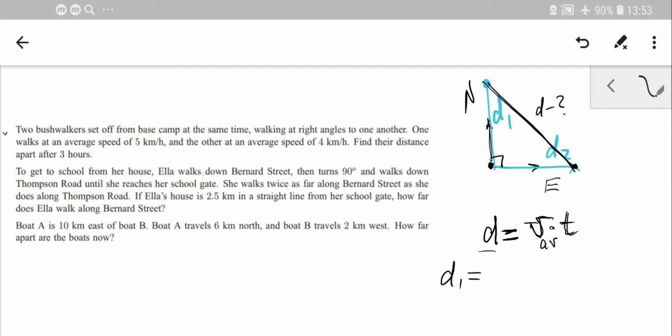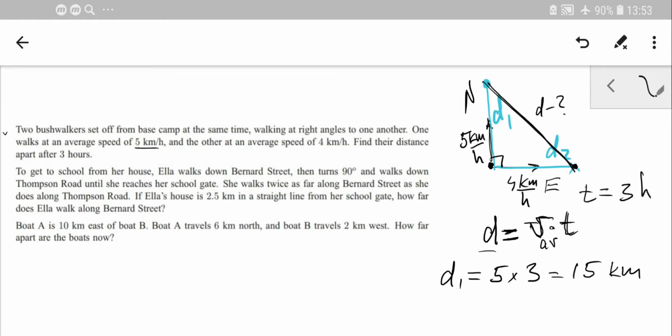According to data, we have 5 km per hour for the first, and the second one is moving with the speed 4 km per hour. For 3 hours we have time for both of them. So in order to find the distance, for the first one we simply multiply 5 by 3, which is 15 km.